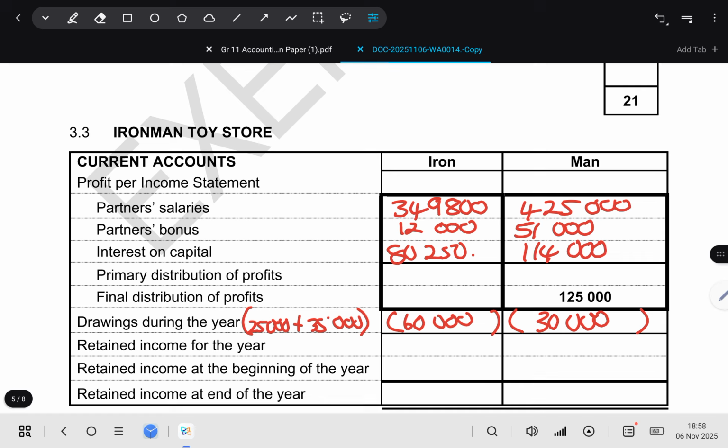So to get our primary distribution, we will have to add these three items: 349,800 plus 12,000 and then plus 80,250 gives us 442,050. Then we go to men: 425,000 plus 51,000 and then plus 114,000.